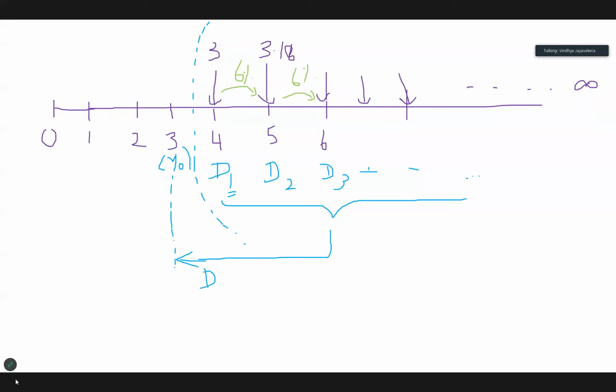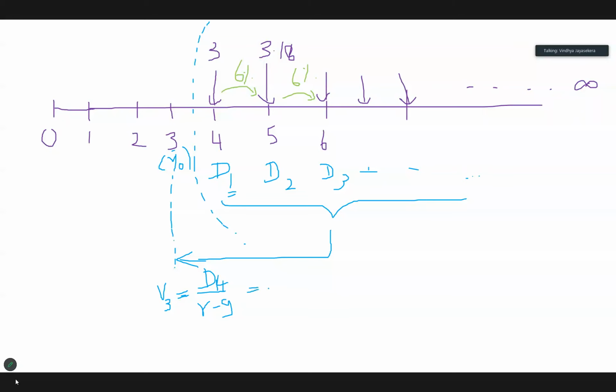D1 divided by R minus G. This is the value of my share as at year 3. As at year 3, the value of my share is the next year's dividend, D4, divided by R minus G.